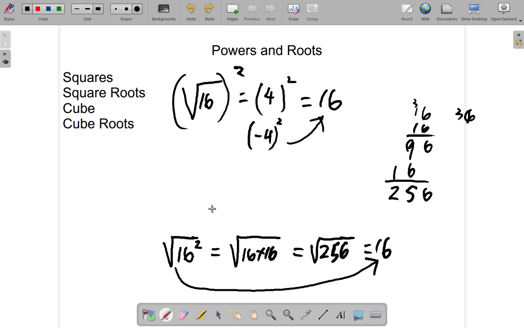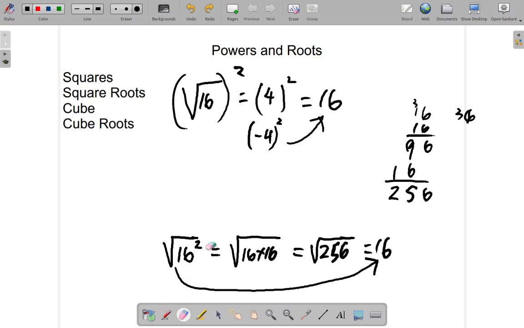So if you find the square root of 16 and then you square all of that, you get 16. And if you find the square root of 16 squared, you get 16.